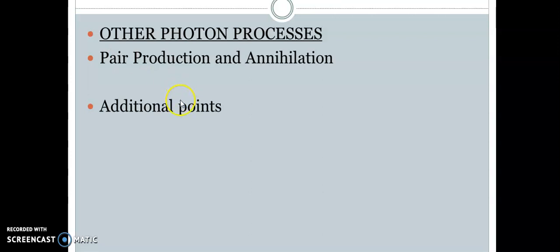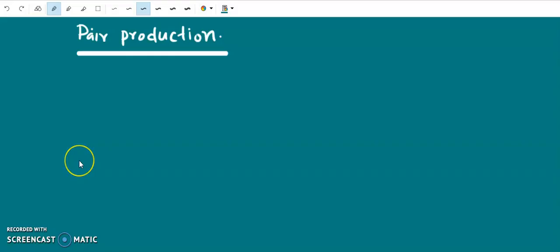The first one is the pair production and pair annihilation process. In the process of pair production, the photon loses all its energy, and two particles are created in this process, an electron and a positron.